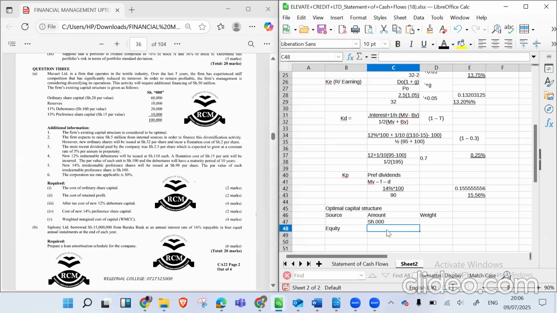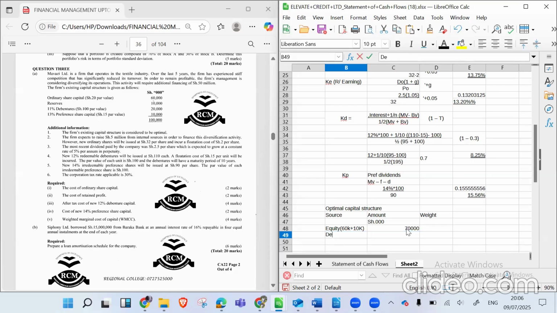Under the optimal capital structure, WMCC, you take them as they are. Our equity will be the value of ordinary shares, which is 60,000, plus the value of retained earnings, which is 10,000, as it is in the optimal capital structure. So our value of equity is 70,000.